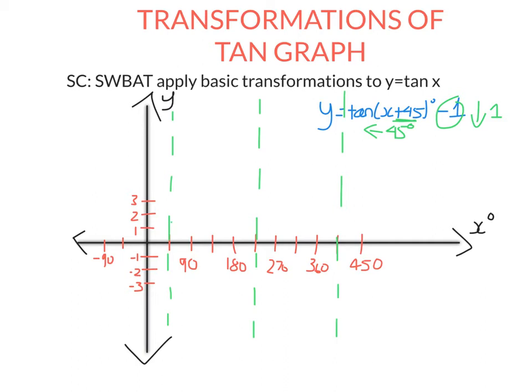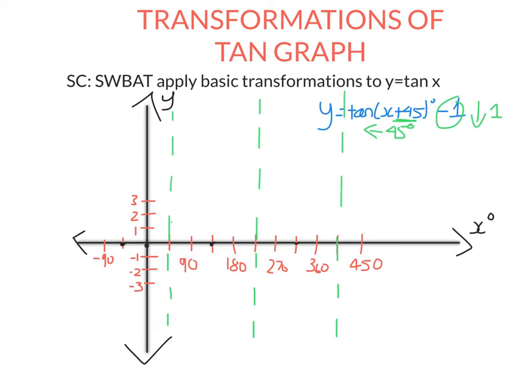So let's look at other points that were prominent on y equals tan x. We know it went through the origin. It also hit the x-axis at 180 degrees, 360 degrees, and so on. So the 45 degrees to the left on the x-axis means instead of hitting the origin here, it will hit the x-axis here at minus 45 degrees, here at 135 degrees, and then again at 315 degrees, and so on.